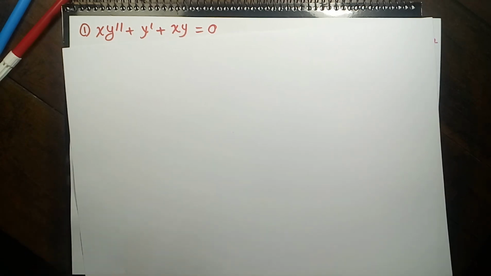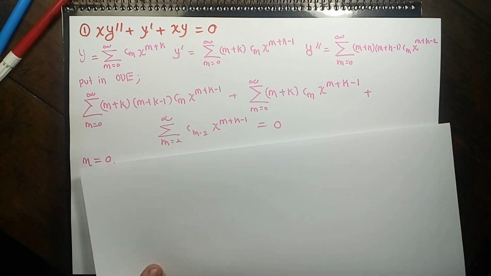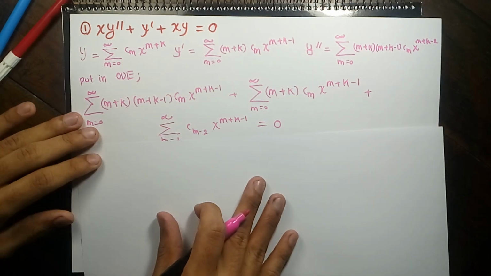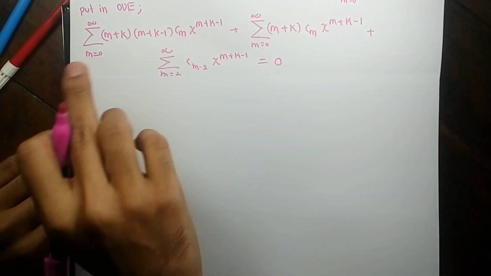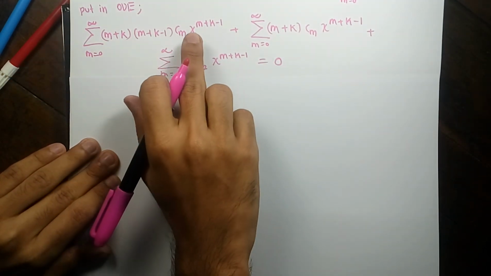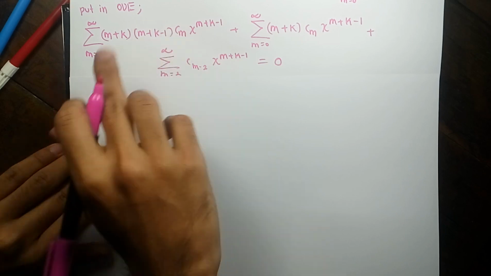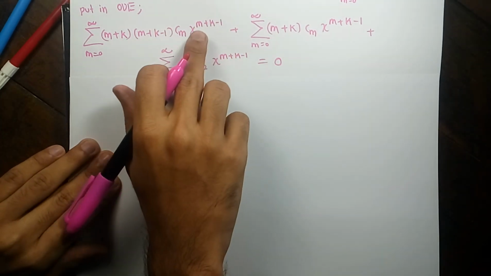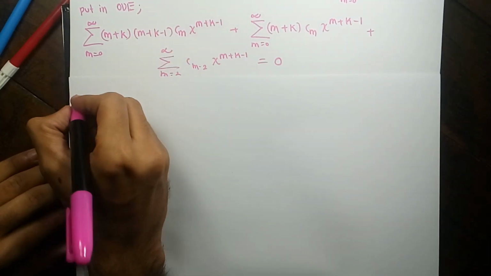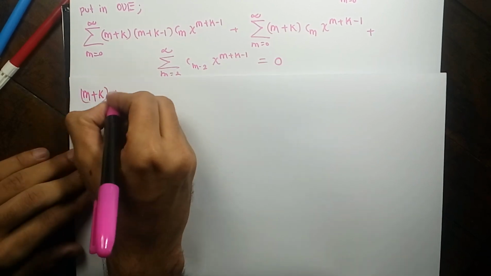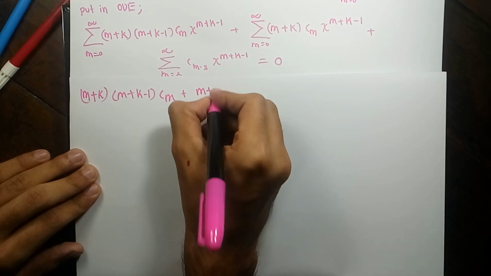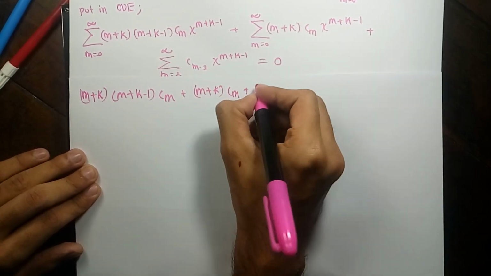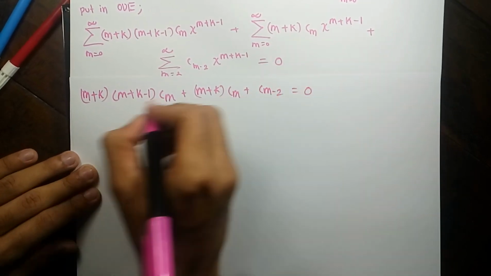Now what do we do? Now we really have to find out the recurrence relation first to decide what will be our next step. To find out the recurrence relation, we equate the coefficient of our generic lowest power of x. That means equate the coefficients of x to the power m plus k minus 1, and that becomes m plus k minus 1 cm plus m plus k cm plus cm minus 2 equals to 0.